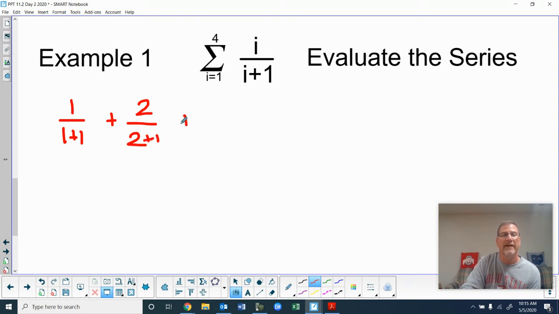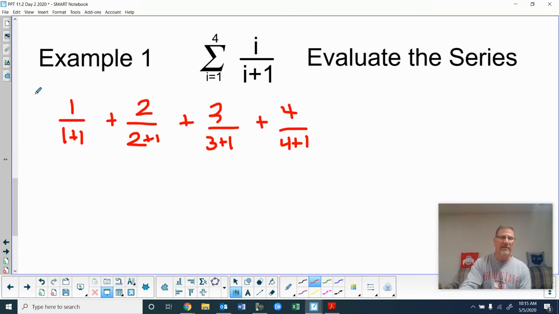And then add the third term, which would be 3 in for i, over 3 plus 1. And then add the last term, because we're only going from 1 to 4. So we put 4 in for i. So that's just substituting in. Then we find each answer, and then we'll add them up.